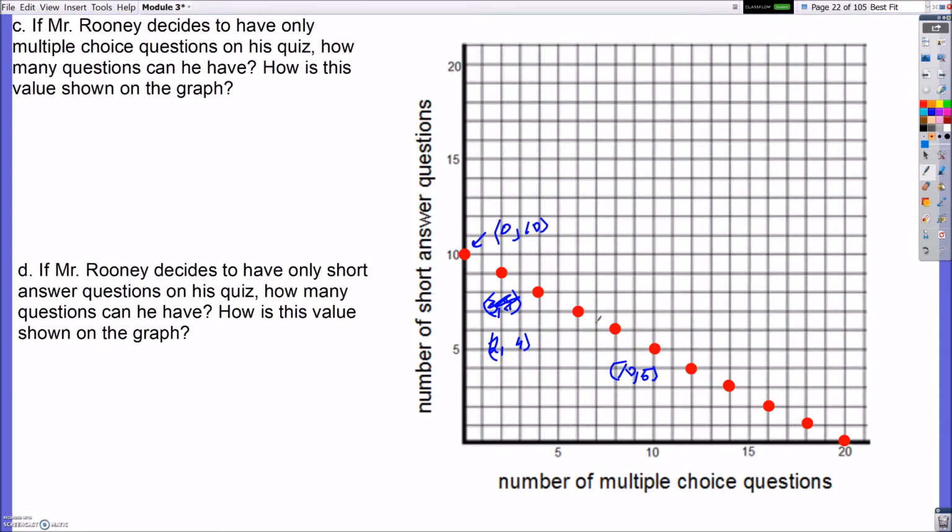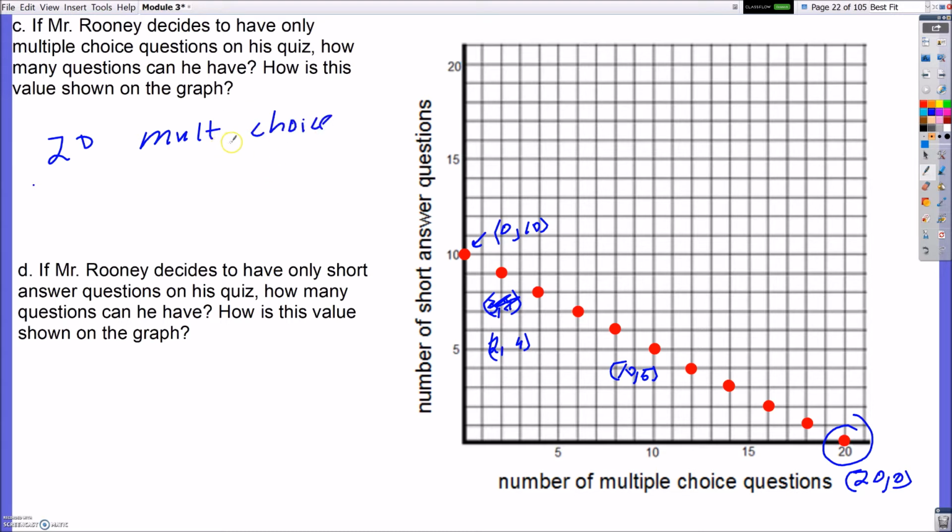So if Mr. Rooney decided to have only multiple choice questions on the quiz, how many questions can he have? So if it's only multiple choice, he could have 20 because it would be 0 free answers and 20 multiple choice.